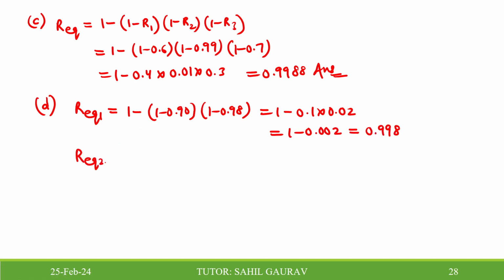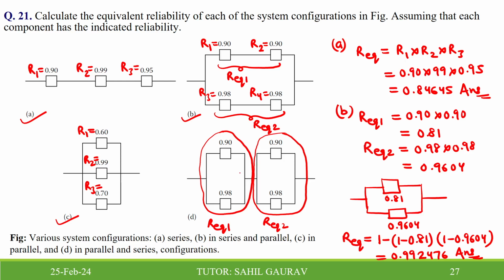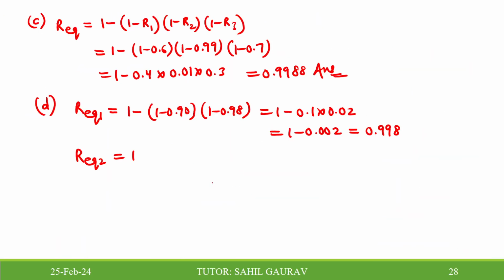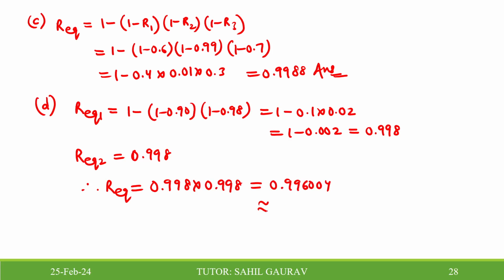R equivalent 2 I think is identical, so it is also 0.998. Hence, the final R equivalent, since it is a series connection, is the product of both values, 0.998 into 0.998. You will get the final answer 0.996004, approximately 0.996. This is the answer.